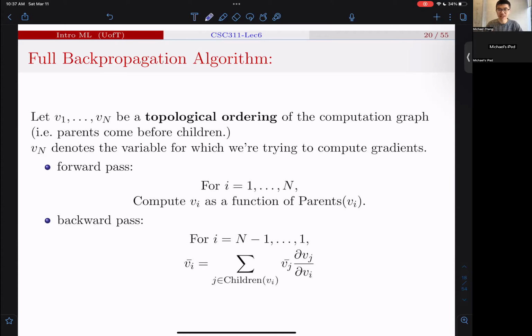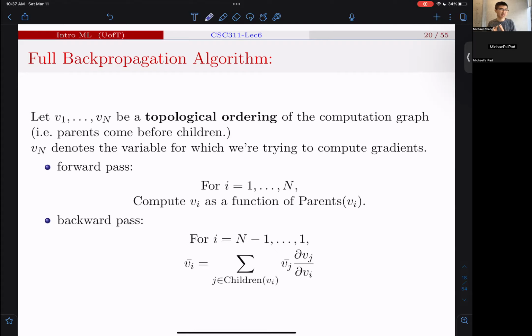Okay, so the way the backpropagation algorithm works is you consider an ordering of all the computational graph. This is relatively straightforward in the case of neural networks because we have linear layers composed on each other. And during the forward pass, when we're trying to compute our predictions, we go through our computational graph and compute each of the intermediate function values, eventually arriving at our prediction.